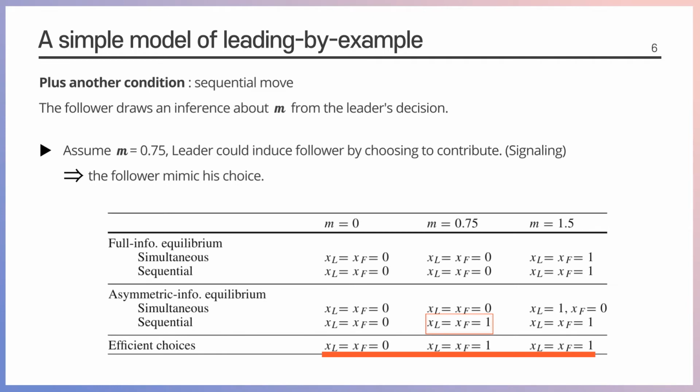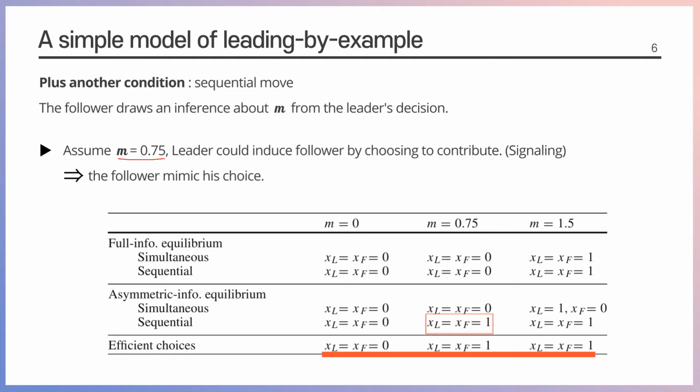In the asymmetric information environment plus another condition, the leader moves first and then the follower chooses. Through this mechanism, the follower can draw an inference about m from the leader's decision. Assume m is 0.75. If they choose simultaneously, the follower does not contribute, and the leader expects that result, so the leader also chooses not to contribute.